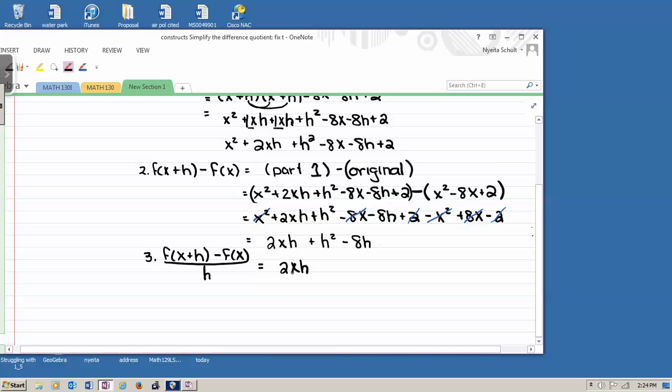So I'm going to take 2xh divided by h, h squared divided by h, and the 8h, negative 8h divided by h. If they don't have an h in each of the terms, then it's not going to cancel out, and you do need that to happen. So I have 2x plus h minus 8, and that's your difference quotient constructed and simplified.